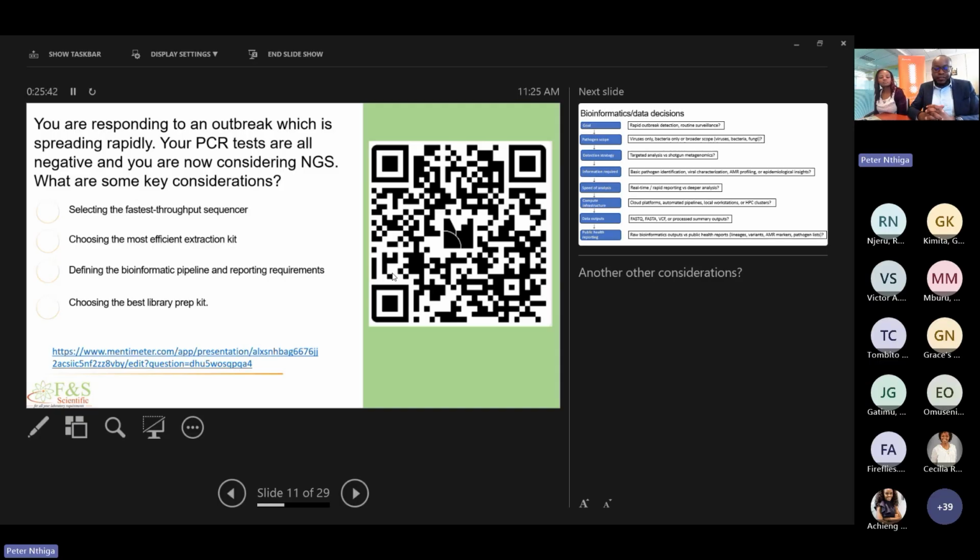Of course, having a very defined informatic pipeline will come very much in handy when your data is generated, because it will help you to report your findings very quickly. And of course, choosing the best library prep kit is very important. So there can be other considerations as well. The key thing here is to understand that every aspect of the NGS workflow can have an impact when you're trying to address a particular genomic surveillance objective.